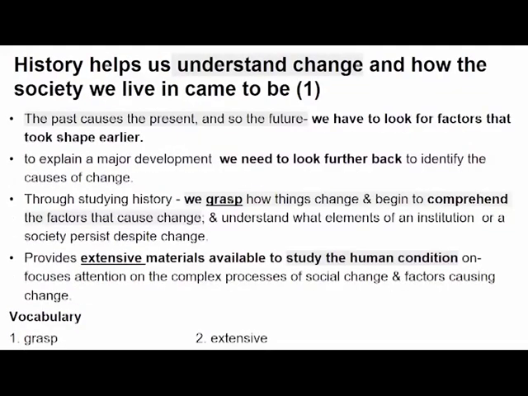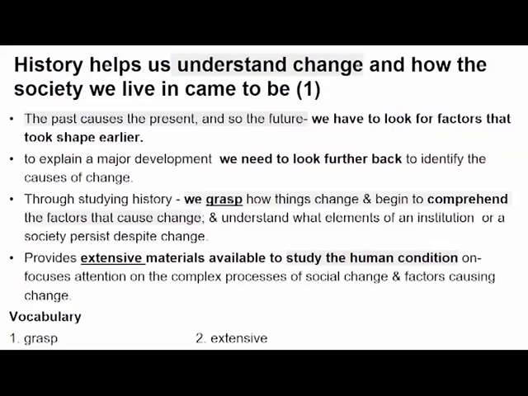Okay. Furthermore, the past causes the present, and we could say that it also determines the future in many cases. We have to look for factors that took shape earlier. If we want to explain any major developments, we need to look further back to identify the causes of change.